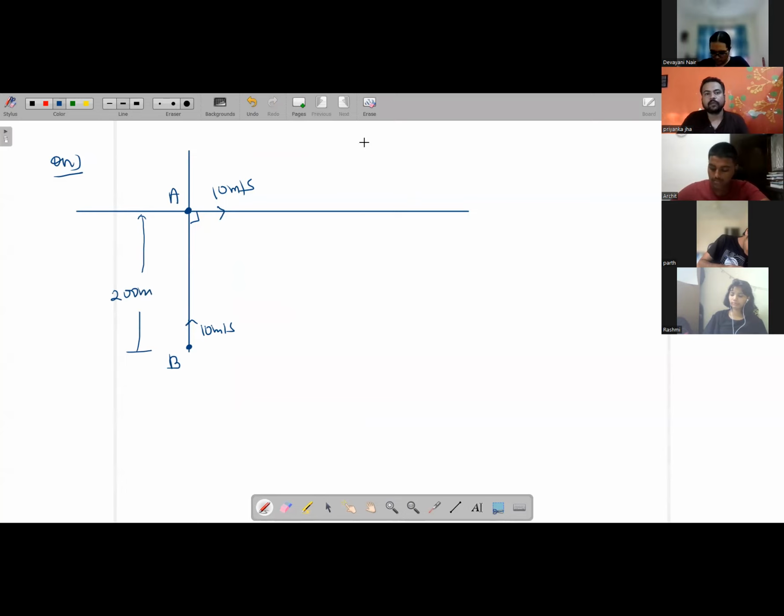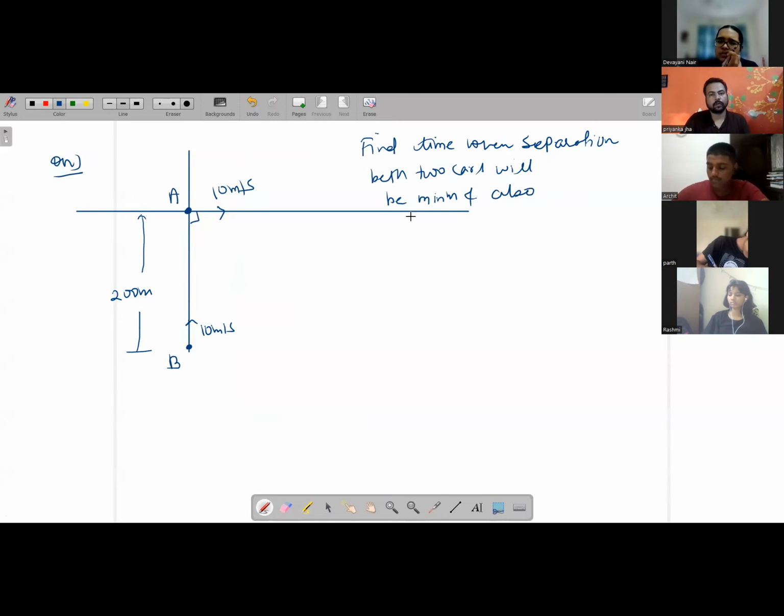Now I have to find the time when the separation between the two cars will be minimum, and also find the minimum separation. Let's try to solve this.